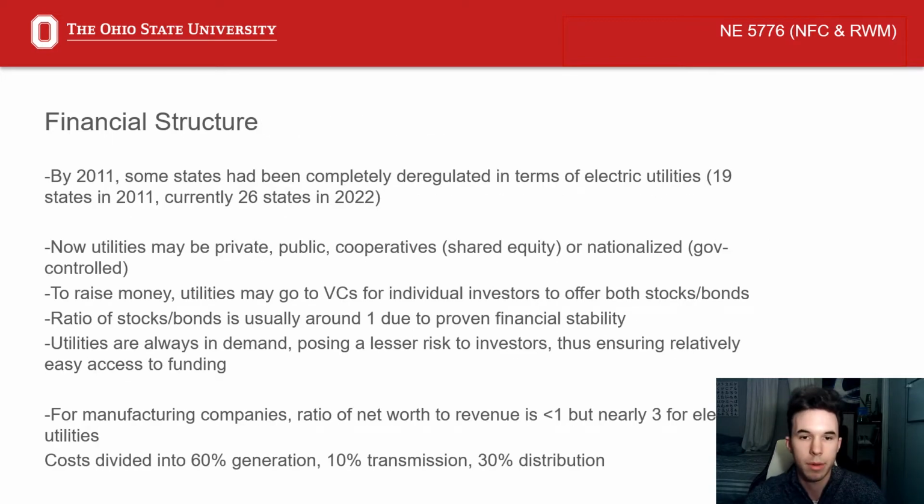So talking a little bit about the financial structure, by 2011, so we're jumping up ahead a little bit, some states had been completely deregulated in terms of electric utilities. This sort of deregulation, which was going on for a couple decades prior, allowed consumers to have more of a say in where they got their energy.